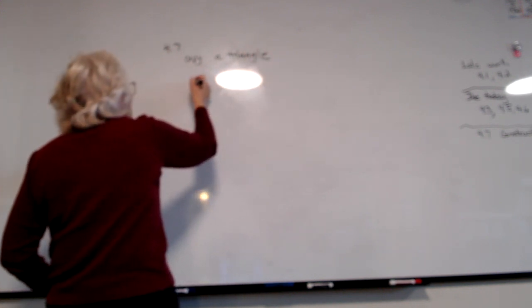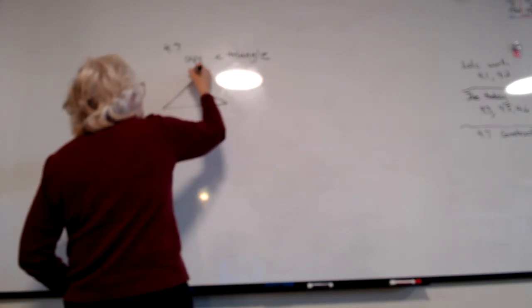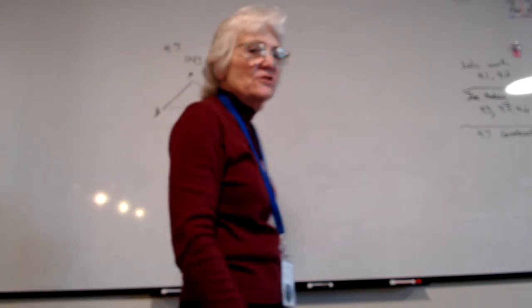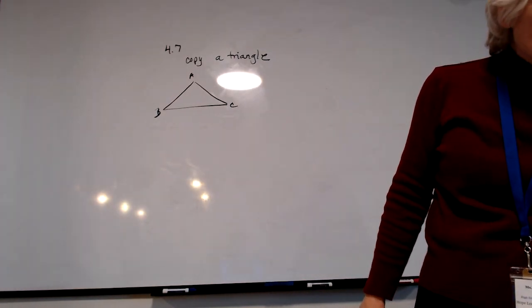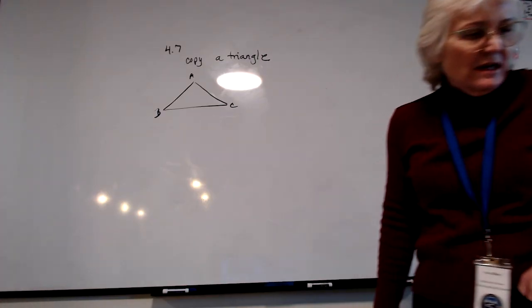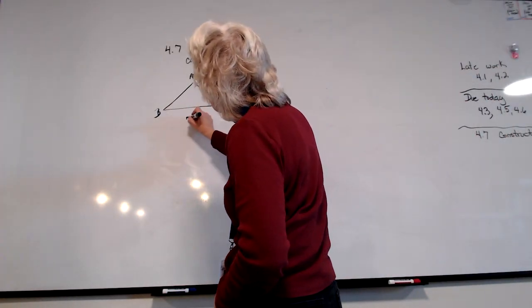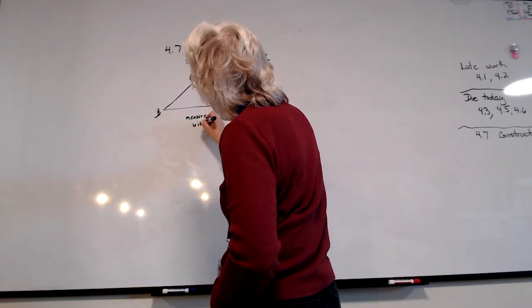Here I'm given this triangle. We're going to pretend it's not isosceles. So the first thing you do is you're going to measure this with your protractor.